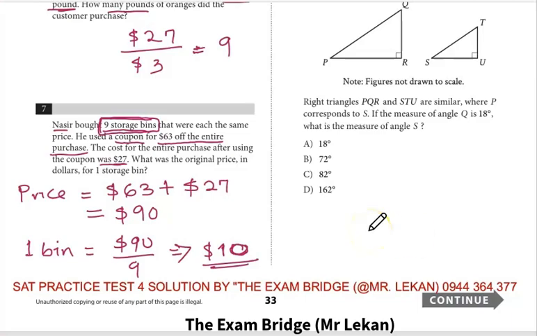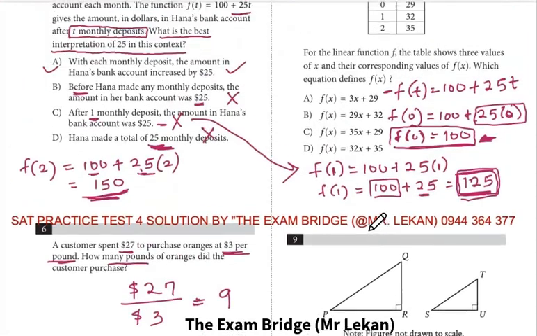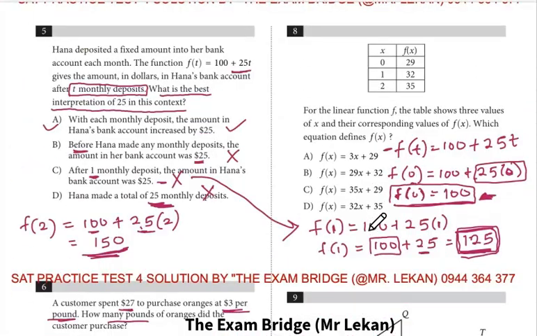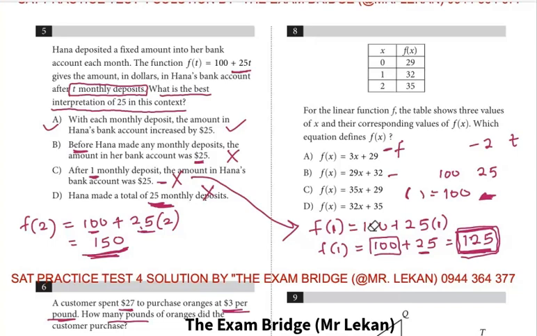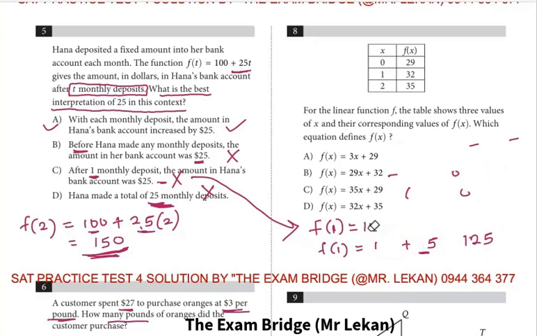Question number 8. Let me quickly clear this place. Now, for the linear function f, the table shows 3 values of x and their corresponding values of f of x.